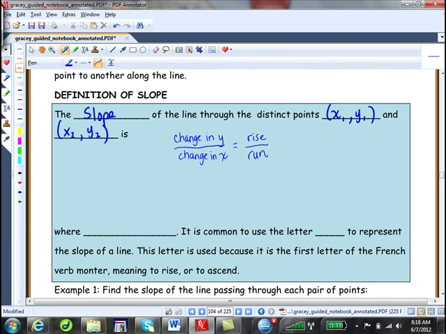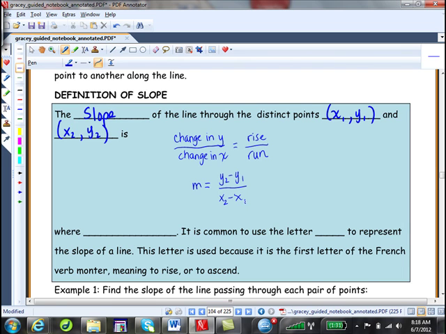So in Mathese, what you get is m equals (y2 minus y1) divided by (x2 minus x1).